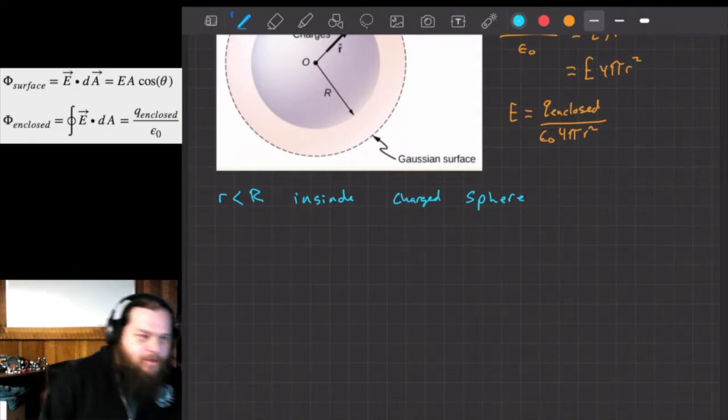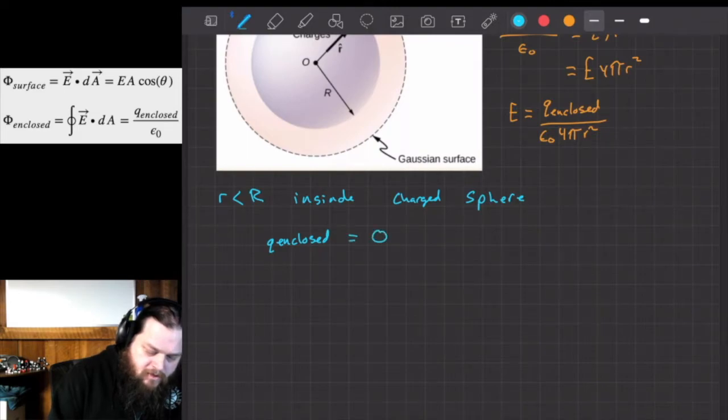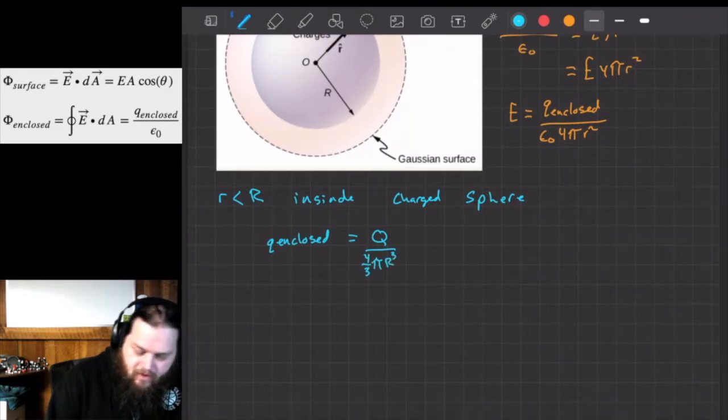So we can break it down where the charge enclosed would be equal to Q, the total charge of the sphere, divided by 4/3 pi R cubed, the total volume of the sphere, times the volume of the Gaussian surface.